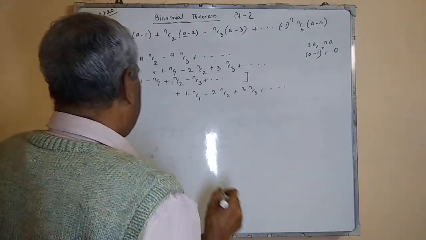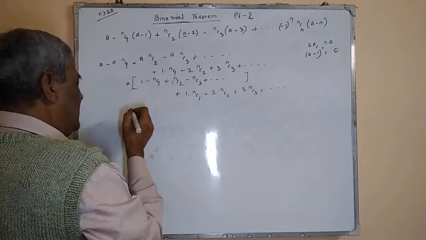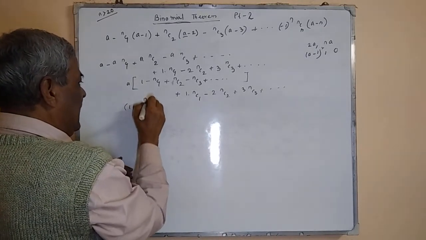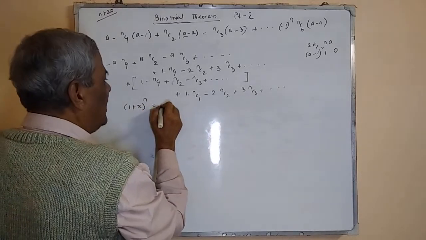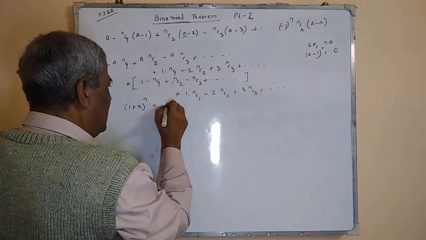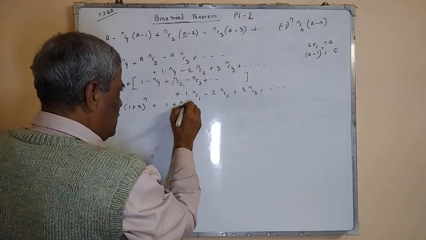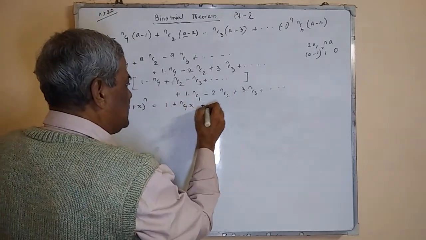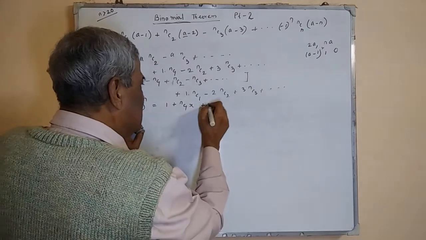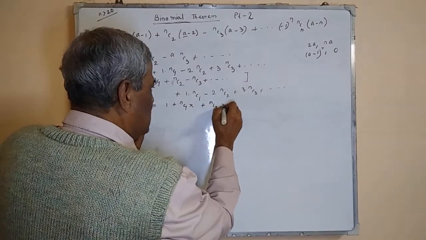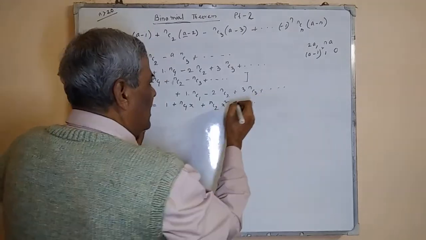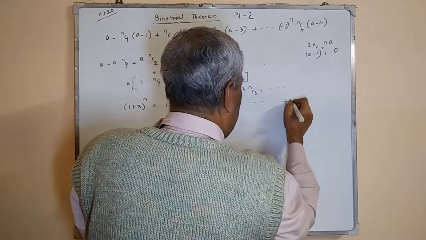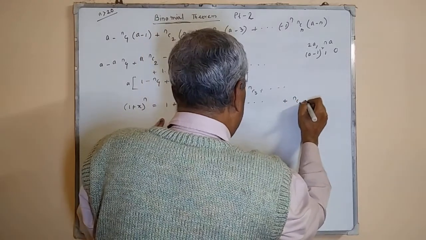Last class, we have seen that (1 + x)^n is equal to nC0, which is 1, plus nC1 into x to the power 1, that is x, plus nC2 into x squared, and the last term is nCn x to the power n.